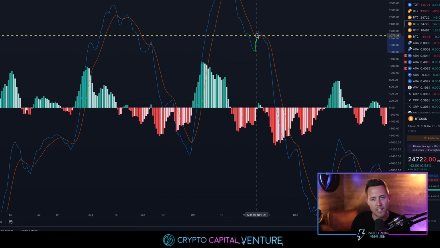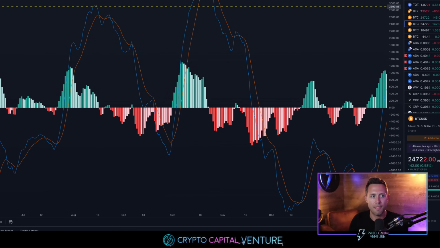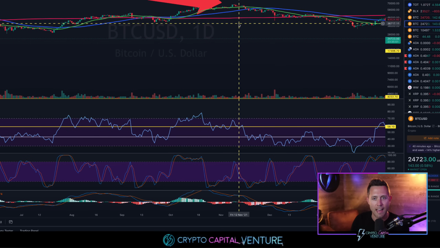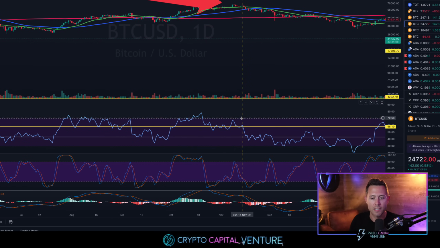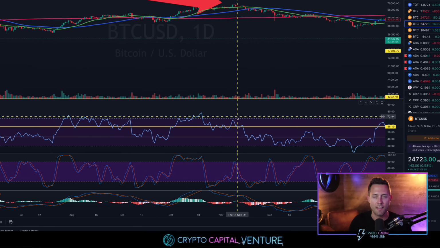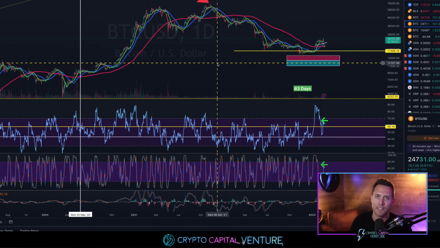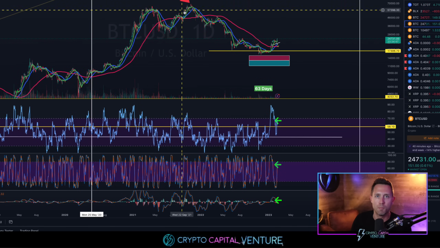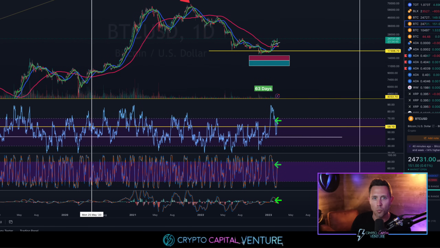These instances did happen, but what's most relevant to take into account, and it's why I'm not covering that as such a similar move, is that the time frame we are in right now is a completely different type of feel, right? This was top of bull market vibes on the weekly and the monthly.